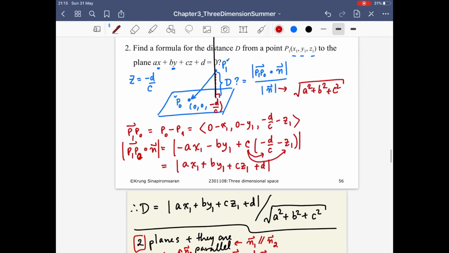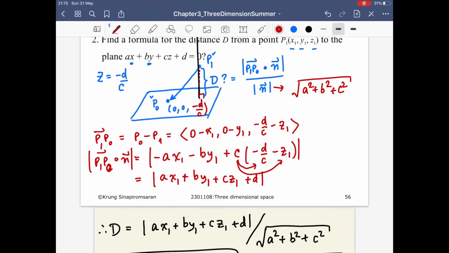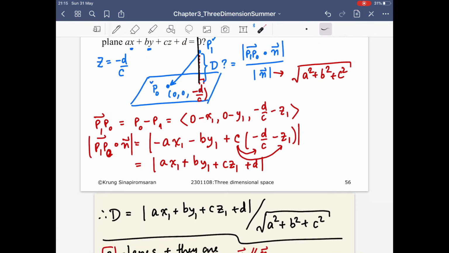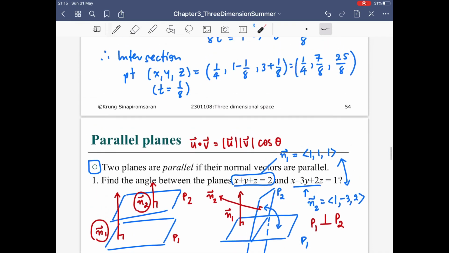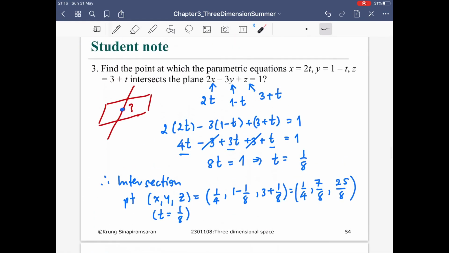If we want to find the distance between a point outside and the plane, again with plus d over here, which formula will we use? If we want to find the angle between two planes, which angle do we need to look for? And if we want to find the intersection between the plane and the line, what techniques do we use?